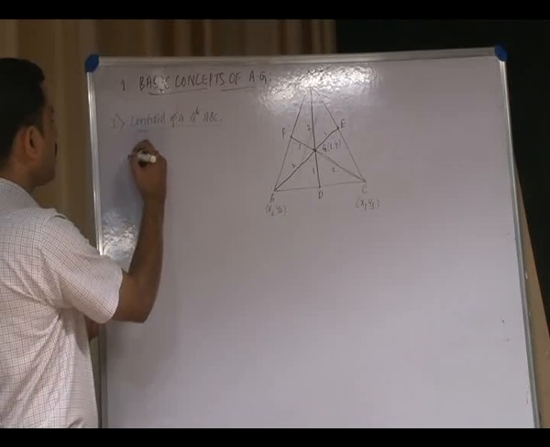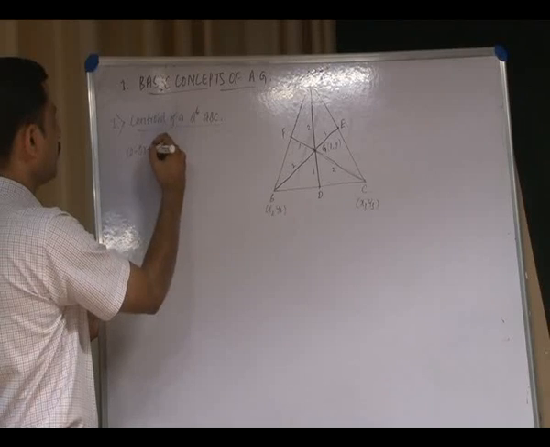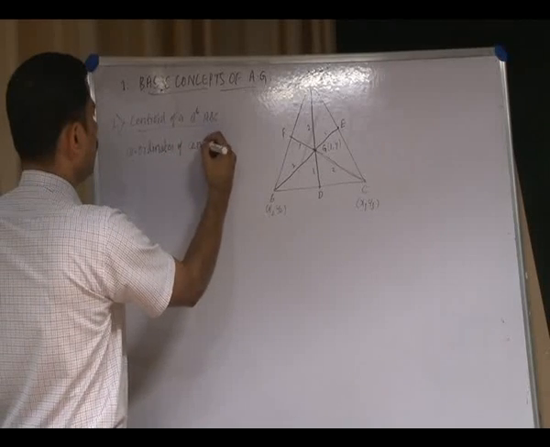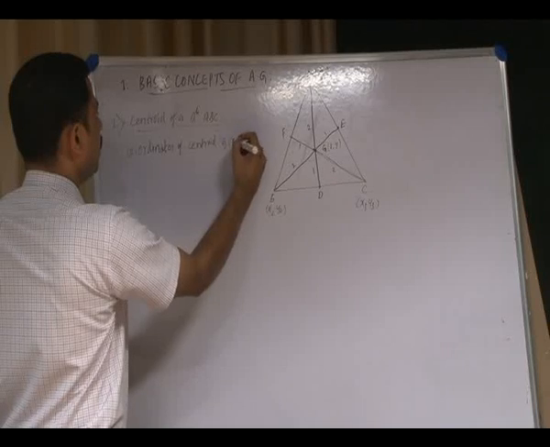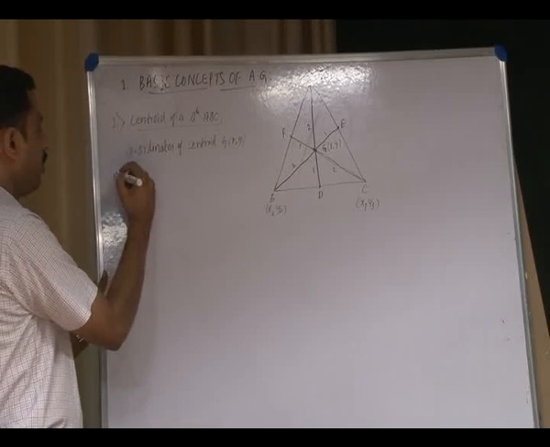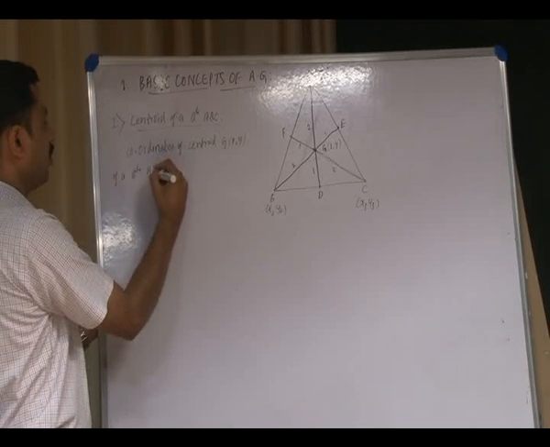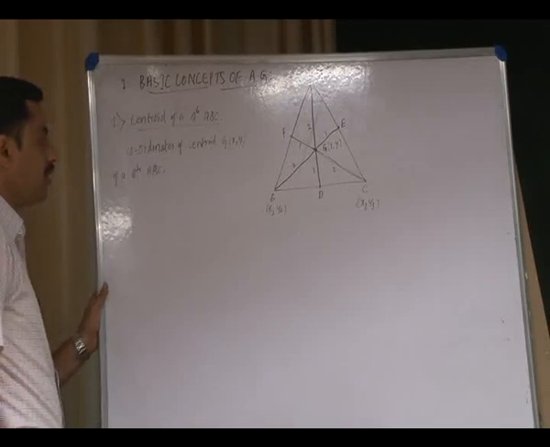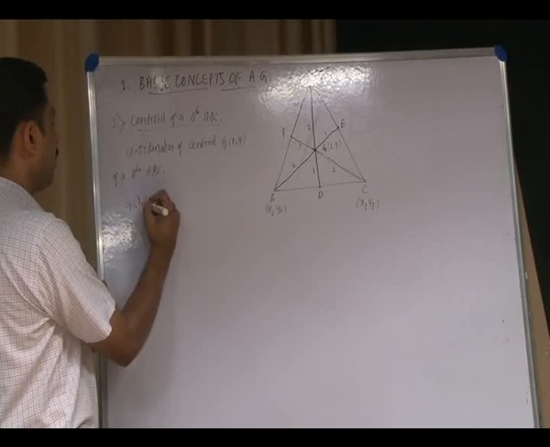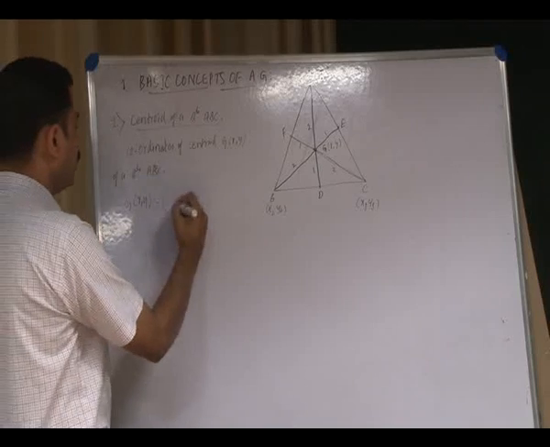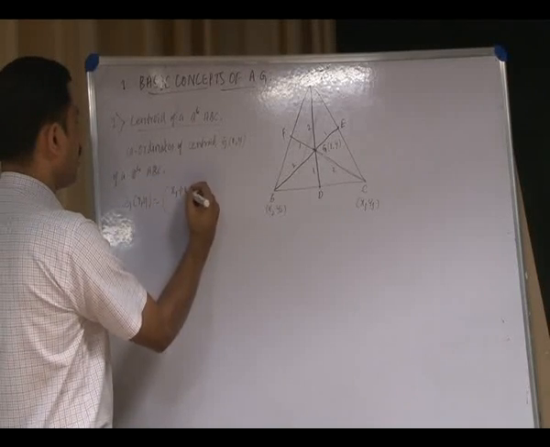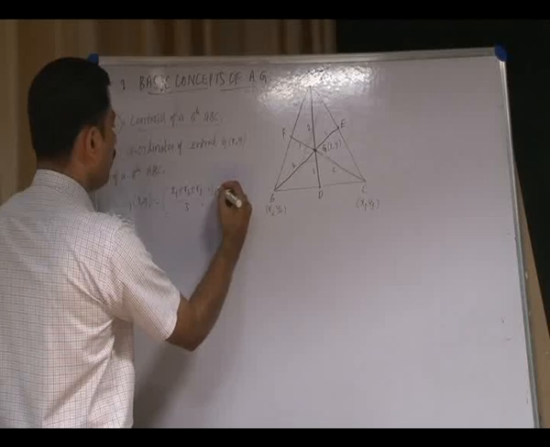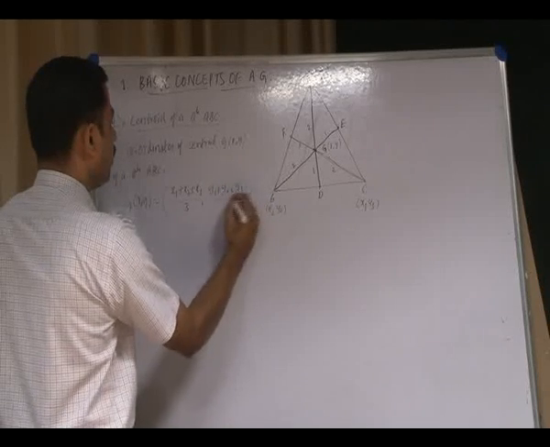Here the coordinates of centroid G (x, y) of a triangle ABC, whose vertices are A (x1, y1), B (x2, y2) and C (x3, y3), is given by G (x, y) equal to: the x coordinate is given by (x1 + x2 + x3) divided by 3 and the y coordinate is given by (y1 + y2 + y3) divided by 3.